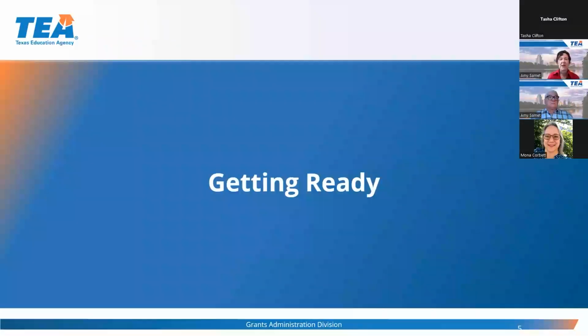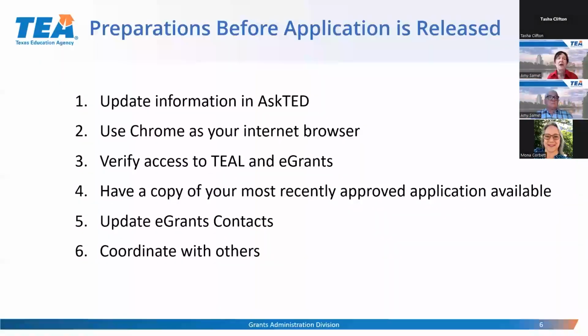Let's start with getting ready. First thing you want to do is update your information in Ask TED. Ask TED is the TEA directory of schools, and every district is responsible for ensuring that we have up-to-date information on you.